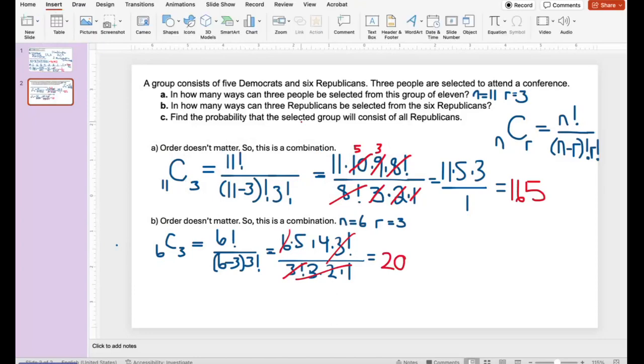All right, the last one says find the probability the selected group will consist of all Republicans. So we've done all the work for part A and part B. So how do we put part A and B together to help us solve this problem, to help us solve C?